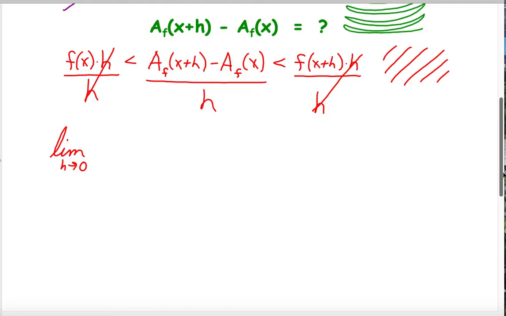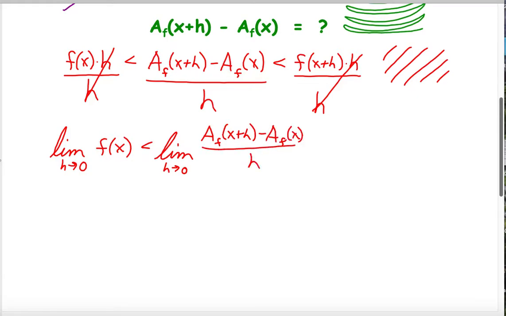If I take the limit of f of x as h approaches 0, that's less than the limit of this expression as h approaches 0, and that'll be less than the limit as h approaches 0 of f of x plus h.